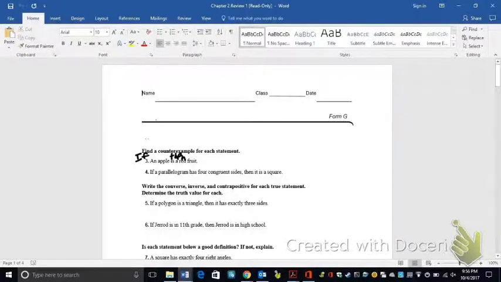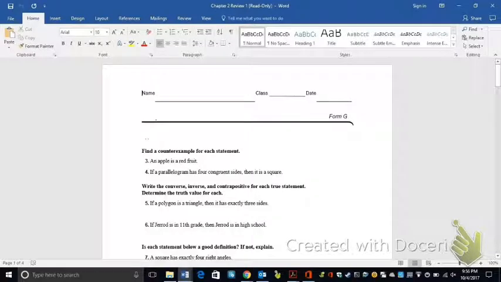A counterexample is something where we assume the if to be true, but we give an example where the then isn't true. So if it's an apple, then it's a red fruit. Well, all we have to do is prove that there could be an apple which isn't red.